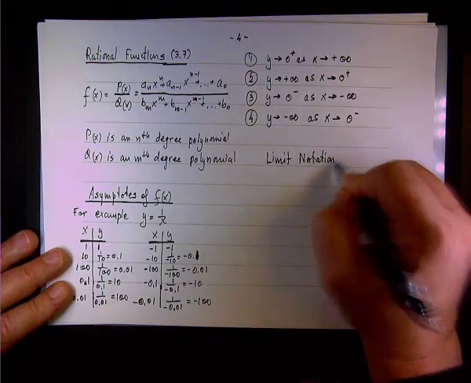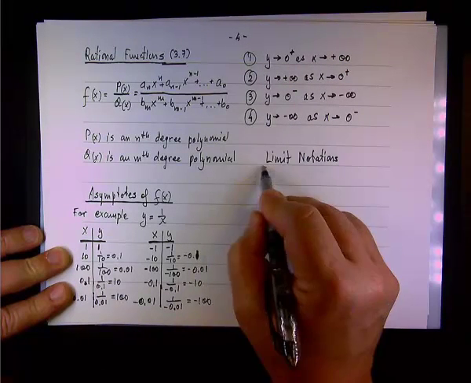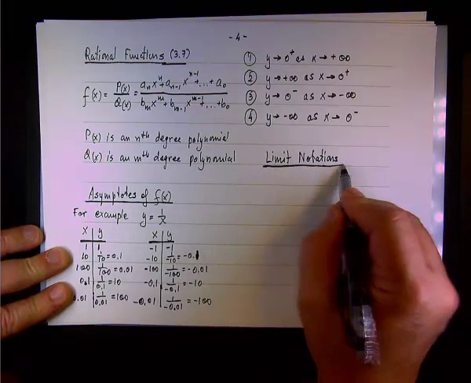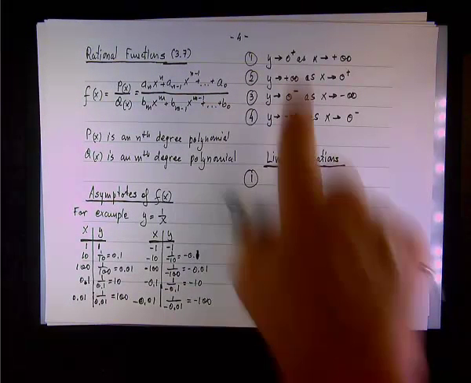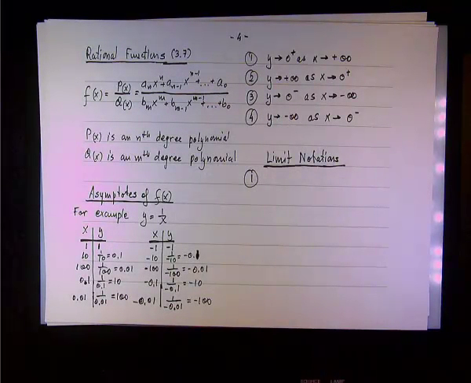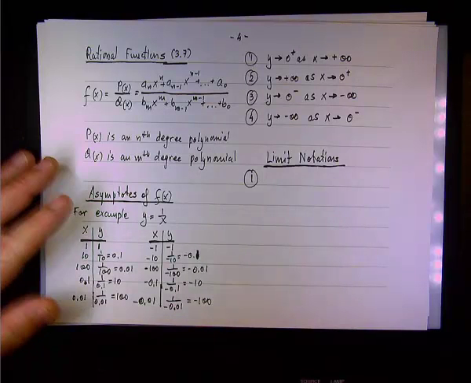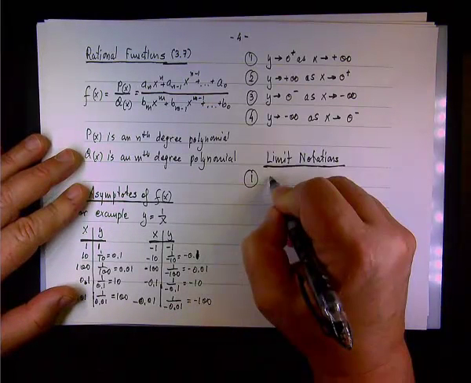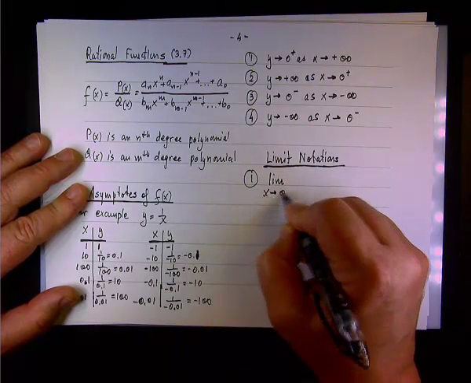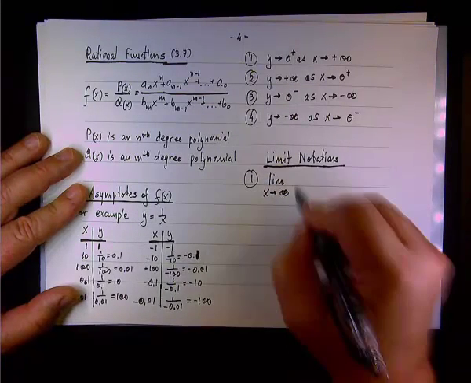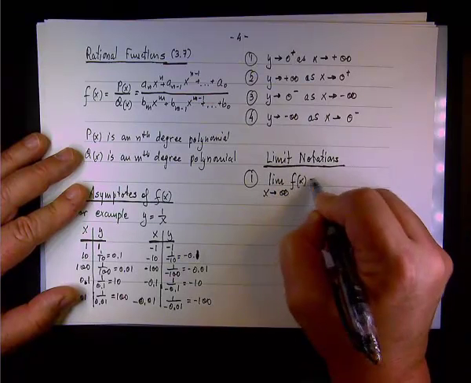Now let me introduce you to limit notations. So now we are talking about notations that are used in calculus, how we express the same thing using limit notation. For example, the first observation that we have, y approaches 0 from the positive side as x approaches -infinity.